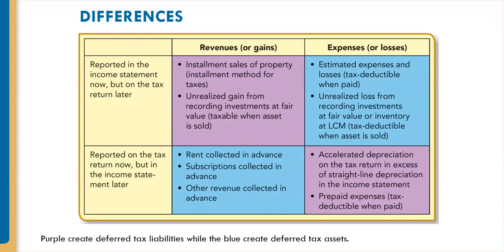There are a bunch of different illustrations here. It says illustration types of temporary differences, and the purple will create tax liabilities and the blue ones create deferred tax assets. So you have a situation where you're using the installment sale, and that's the first bullet over here in the purple in the top left square. Installment sales of property.